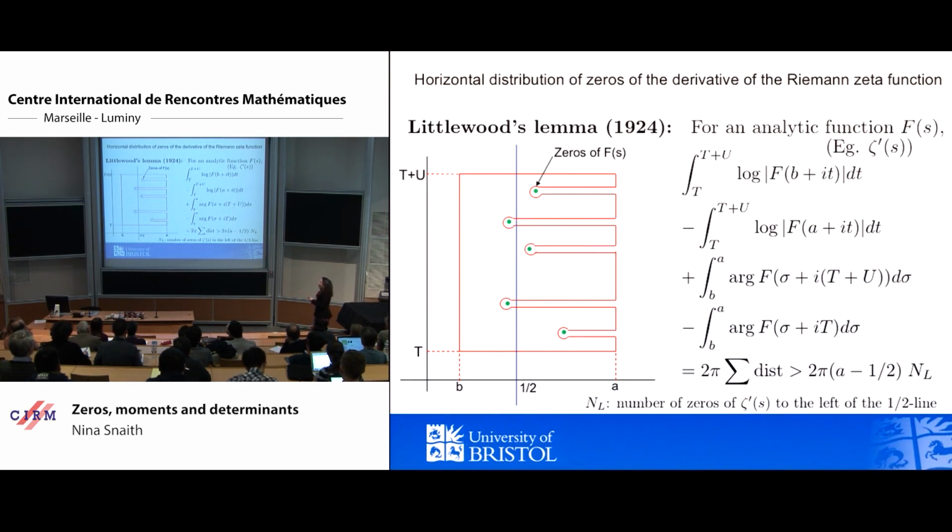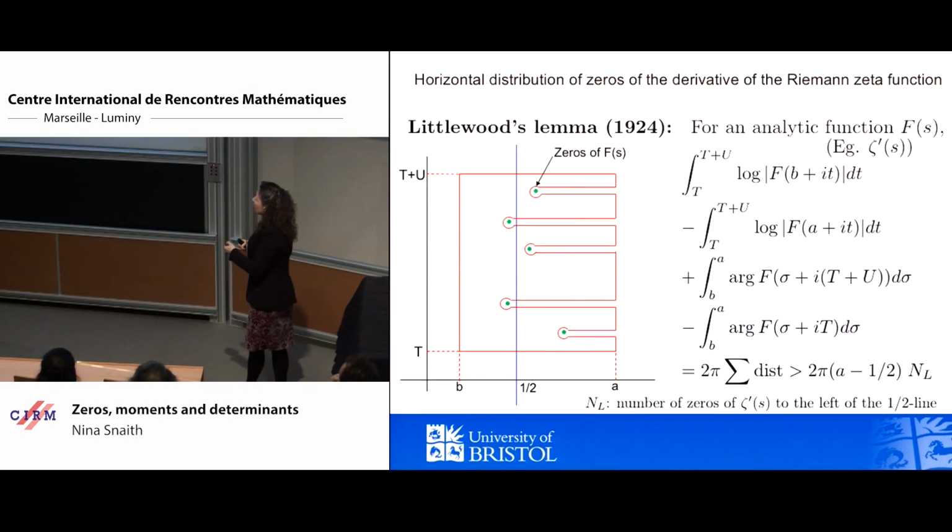So it's relating the integral of the log of f around the rectangle with distances to the zeros of f. The reason for that is that if we're integrating the log of f and f has zeros, then obviously these are a logarithmic singularity. So we have to have a branch cut going off to this side. So we make our contour go in and tuck around each one of these zeros.